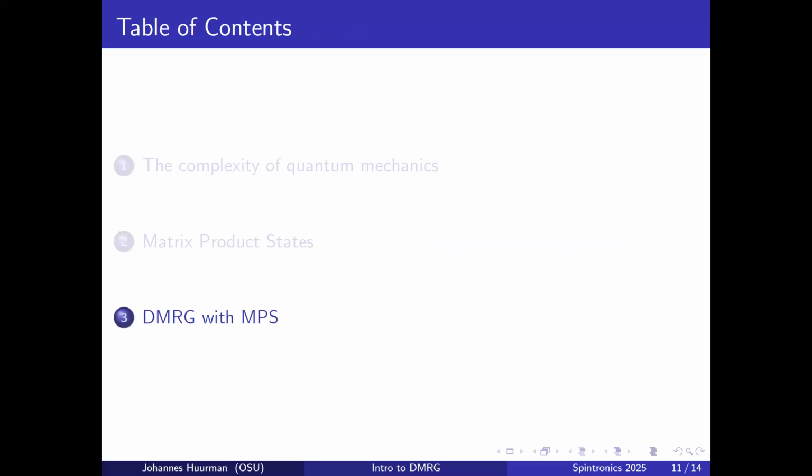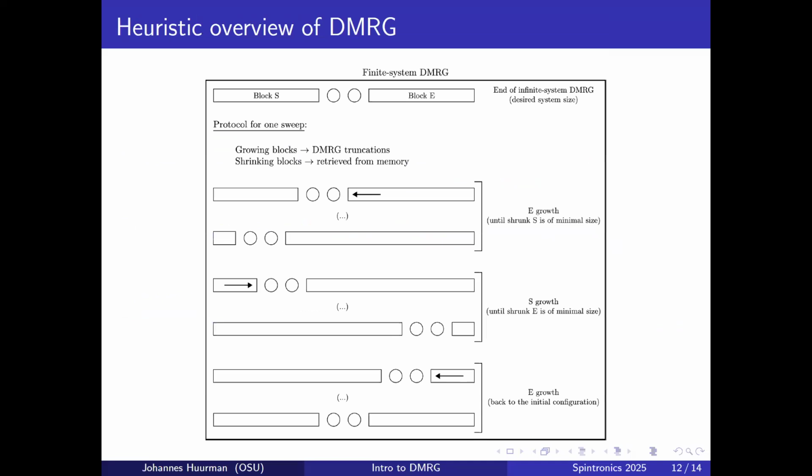So let's begin with DMRG and matrix product states. I did want to start this with a heuristic overview. I want to give motivation because we can very easily get lost in these matrix product states. So we want to talk about what DMRG is doing. Given a spin chain with these sites, we can construct the system into two blocks and then two sites in between the blocks.